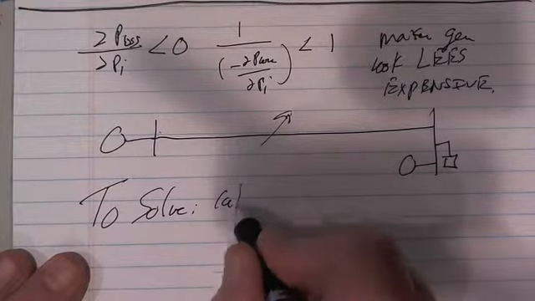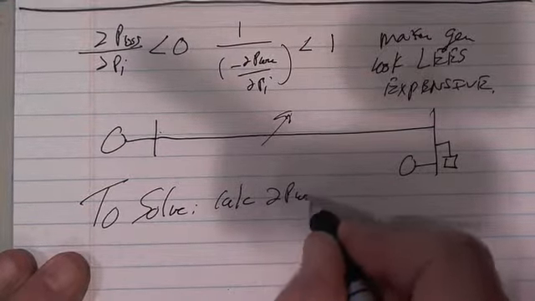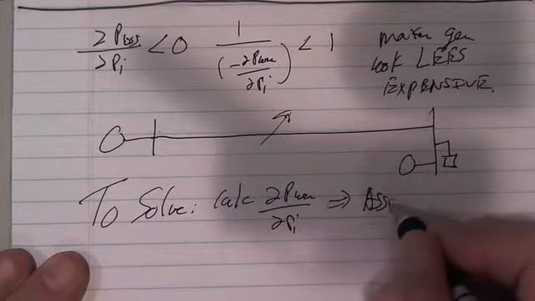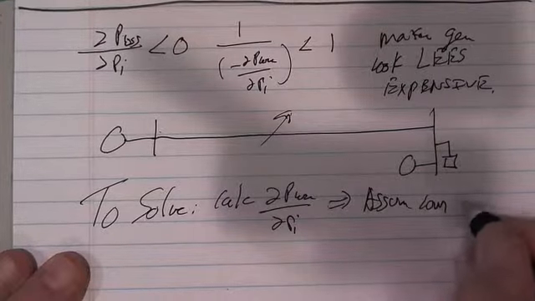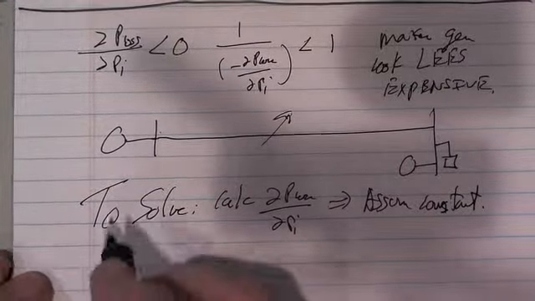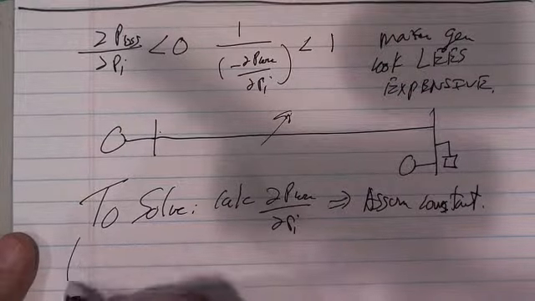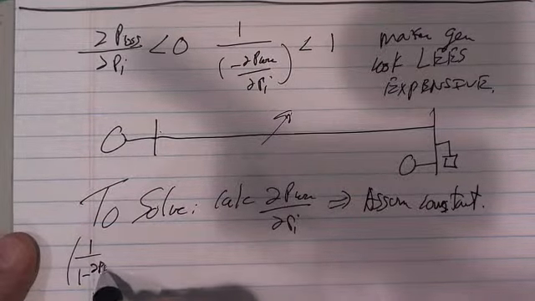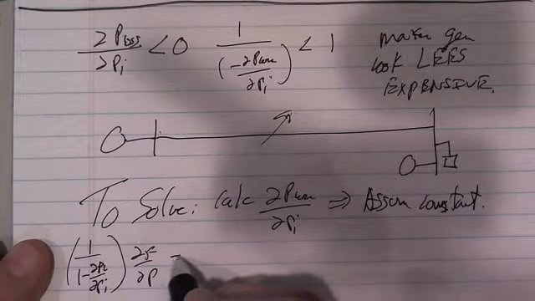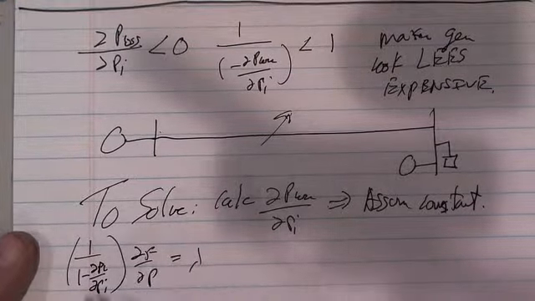But to solve, you calculate dP loss, dPi, and then you assume that they're constant, and in that case you just do the 1 over 1 minus dP loss, dPi, dF, dP equals lambda, and you do that for every generator.